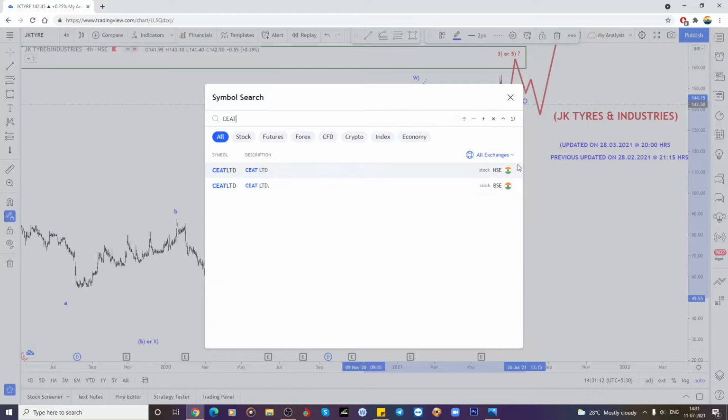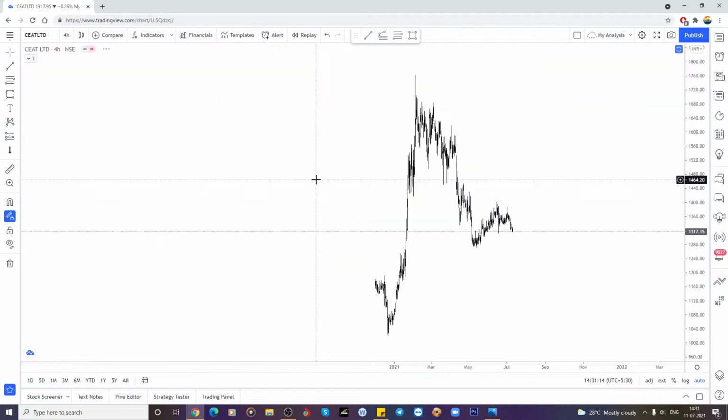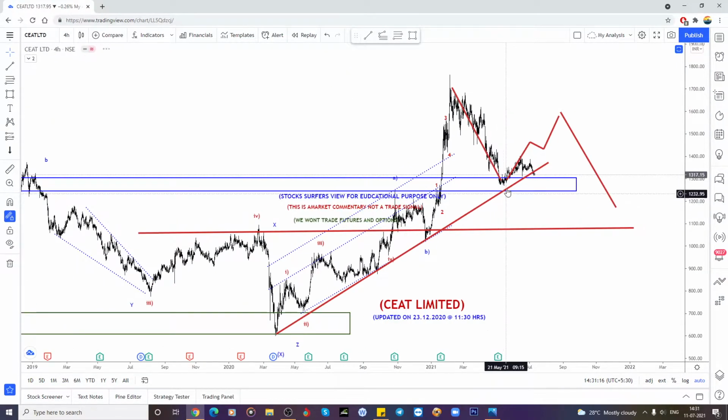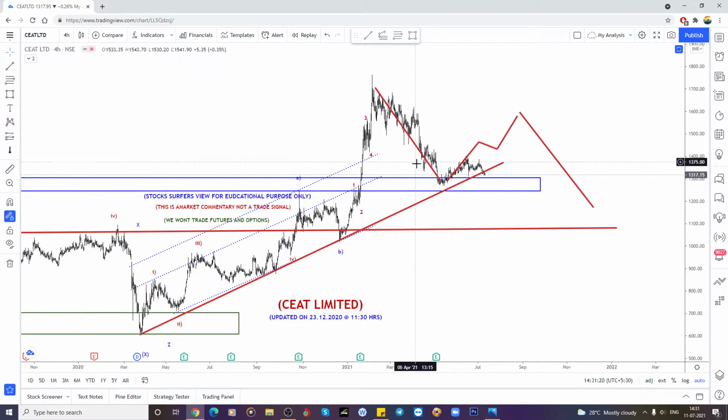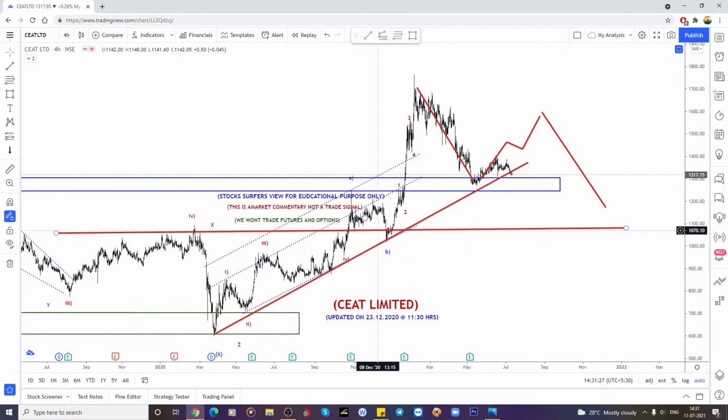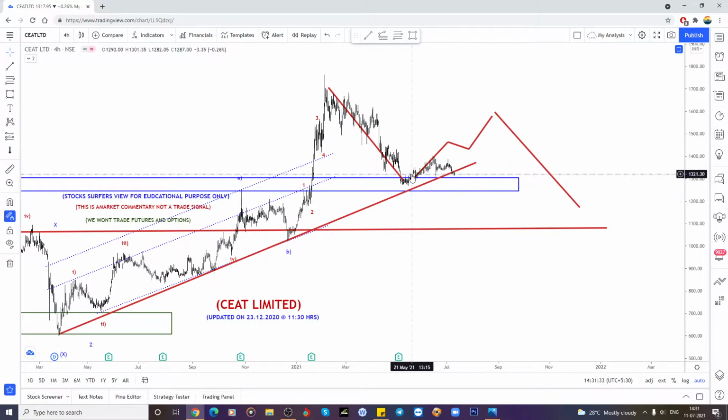And see Limiter, it is still grainy, there is no movement, not much movement here. So one more A, B and C is also possible, and then again it may fall down, or it could be B, C as a W. So this is the X, meaning it could keep rallying to the higher side, like this kind of price movement after it makes a 5, that we have to watch.